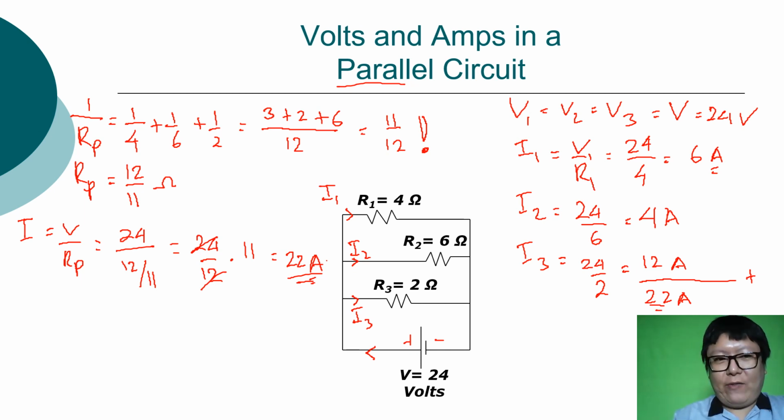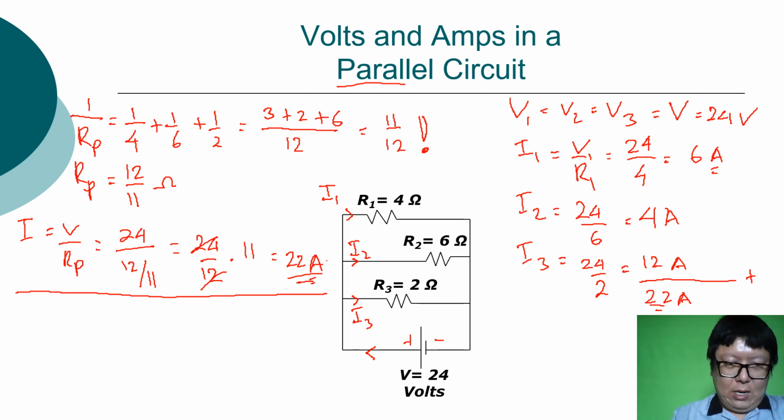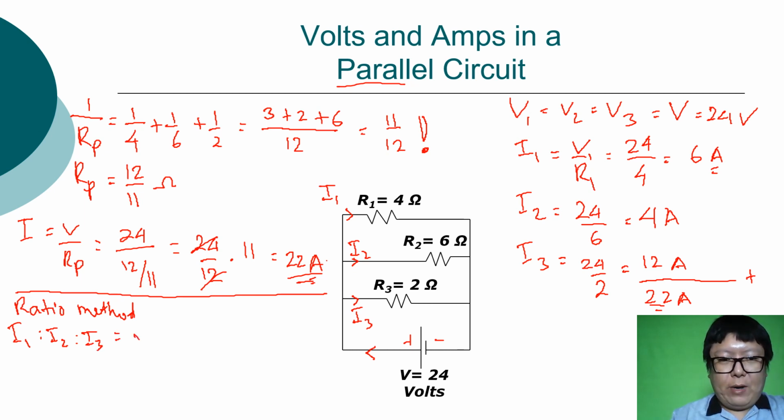Actually, you don't need to find the I total if you want to find the I in each branch, because the voltage is already the same in here, right? Or you can use another way, the one that I have already discussed in the last slide. Use the ratio method. So I1 to I2 to I3 equal to phi per R1 to phi per R2 to phi per R3.